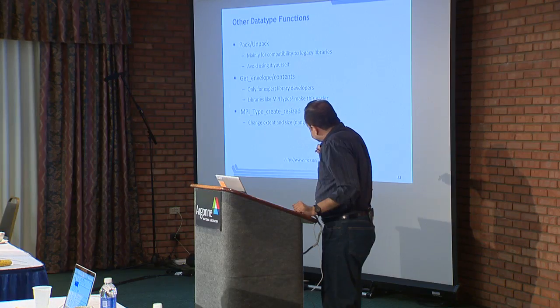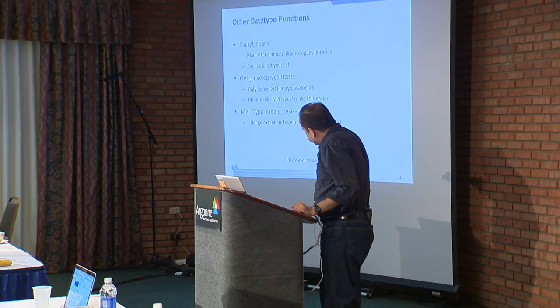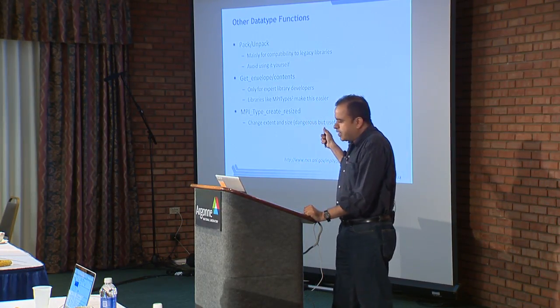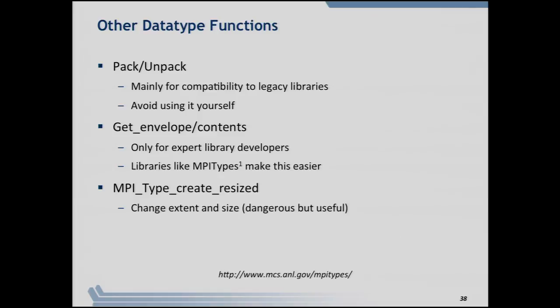Then there are other sets of functions that are more useful to libraries. And the idea here is, suppose you're passed an MPI data type. How do you know what that represents? So the user has created a fancy derived data type and passed it to the library. The library may not understand what that is for. Or, for example, an I/O library wants to do I/O, and the user has passed his derived data type describing some file layout.